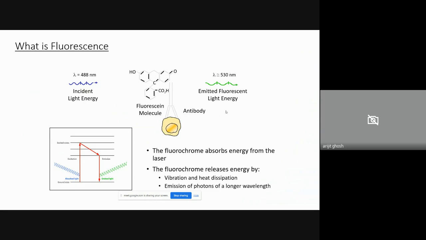As an example, let's talk about FITC, which is excited by blue light of wavelength 488 nanometers, but exhibits green light of wavelength 515 to 530 nanometers.